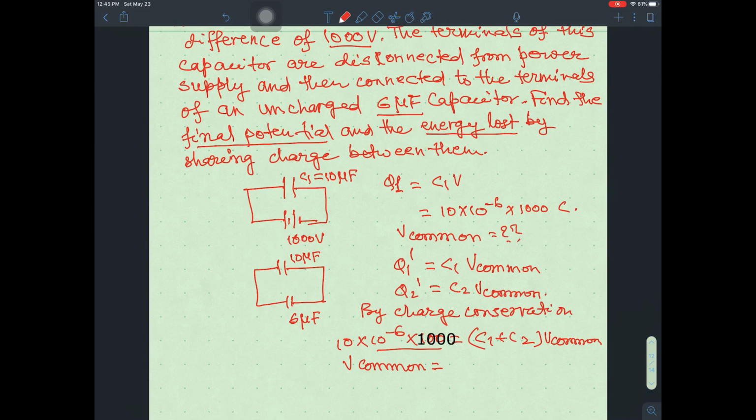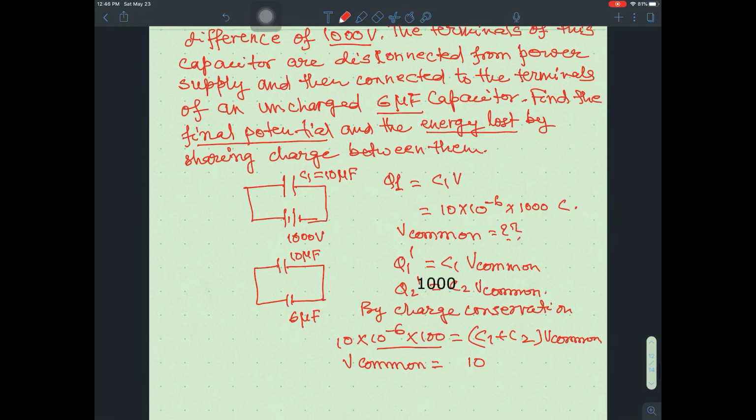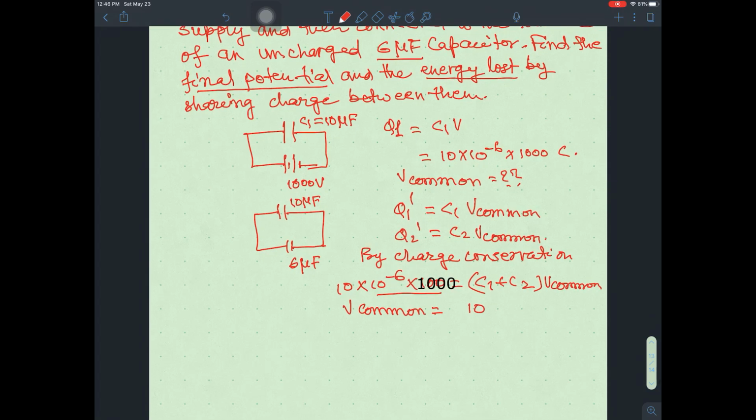V common is equal to 10 into 10 to the power minus 6 into 1000 by (C1 plus C2).